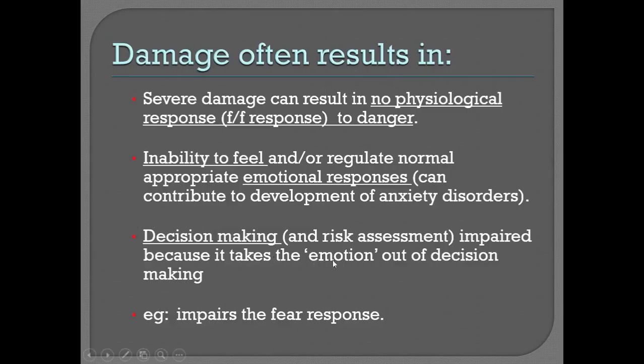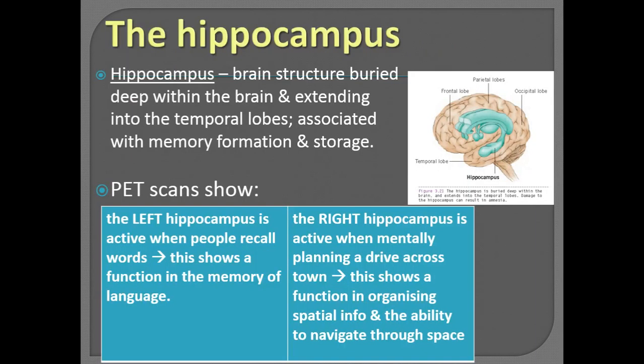If we don't have any emotions, we can't assess risks or anything like that, because we're impairing our fear response. This relates back to that fight or flight response that's damaged when we damage the amygdala.